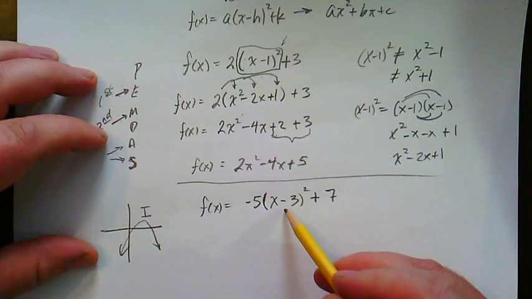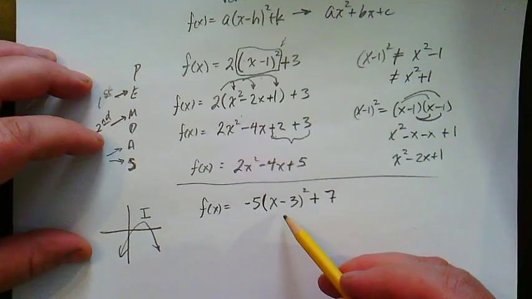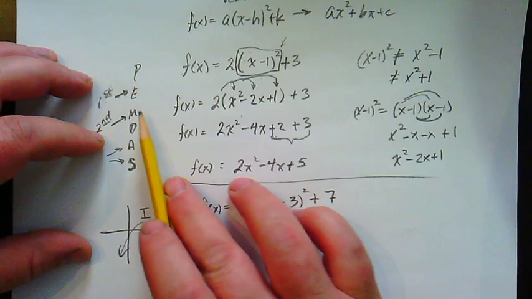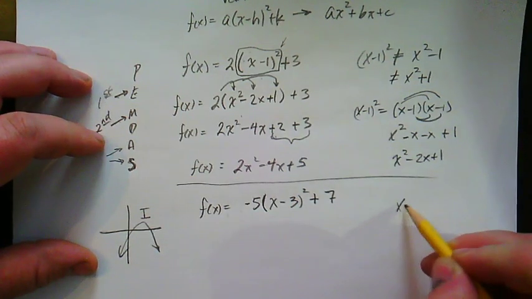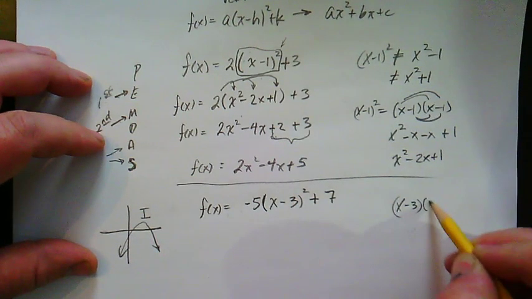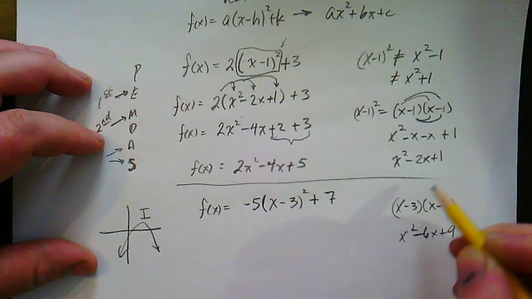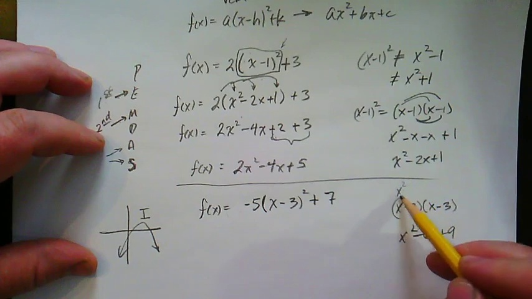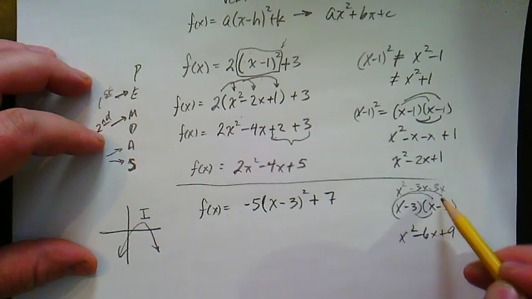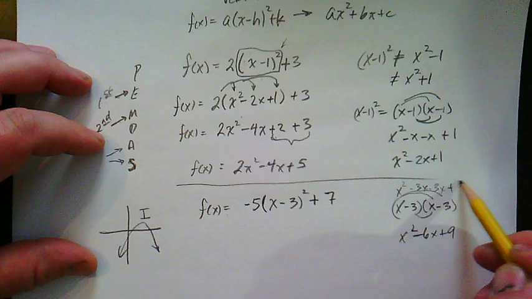So let's change this to standard form, shall we? Just like before, we're going to do the exponents first. X minus 3 squared is going to be x squared minus 6x plus 9. If you write it all out, the first make x squared, right? The outside is negative 3x, the inside is negative 3x, and the last two make positive 9.